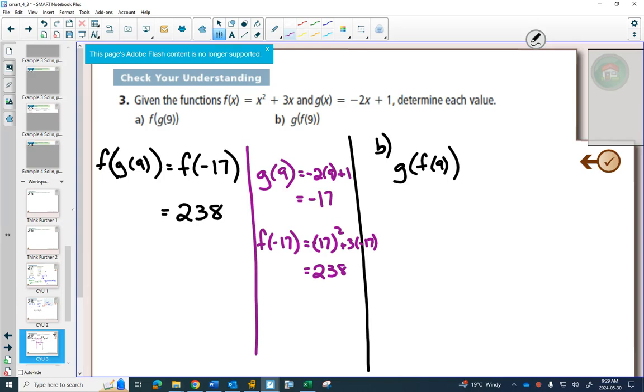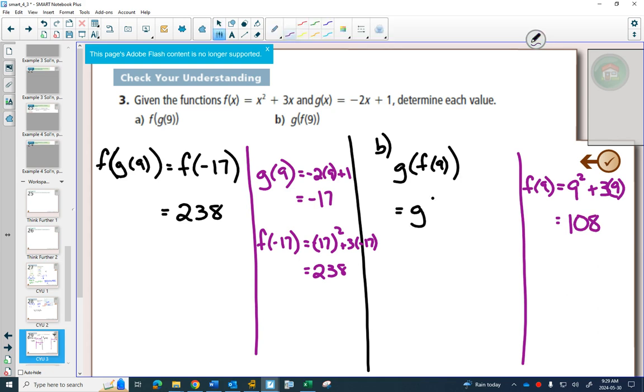Because sometimes you have so many brackets, you might not remember what goes with what. And again, off to the side here, I'm going to figure out f of 9 on its own. F of 9 says I would get 9 squared plus 3 times 9. 81 and 27 is 108.